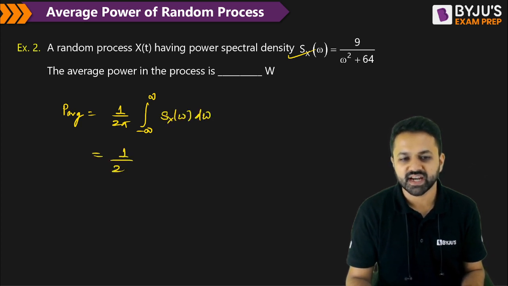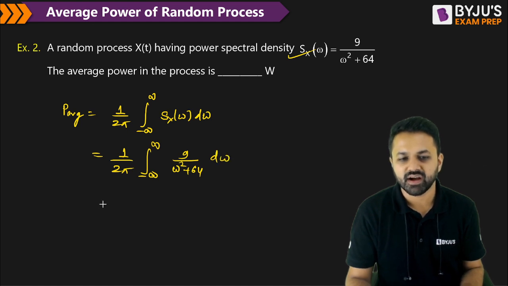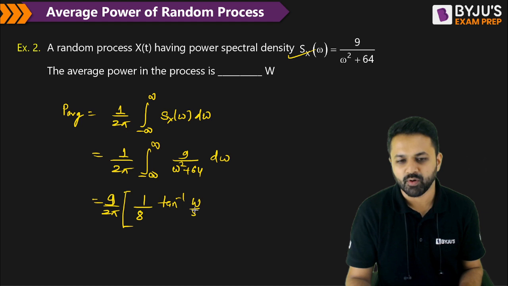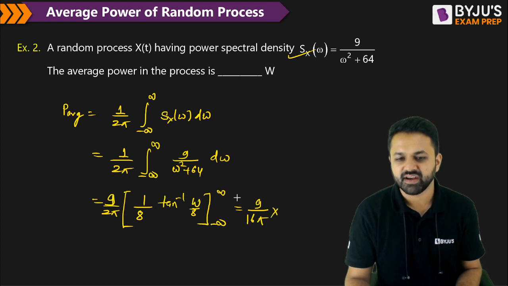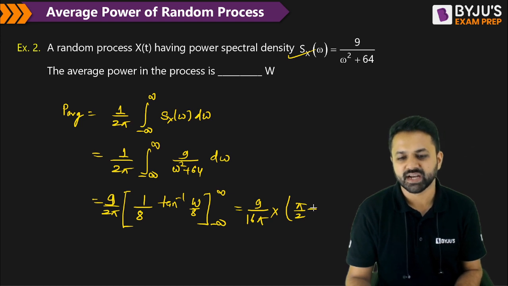So when you integrate 9 upon omega square plus 64 d omega from minus infinity to infinity, you will get 1 upon 2 pi, then 9 is common, 1 upon a which is 8, and tan inverse of omega upon 8. Putting the limits minus infinity to infinity, you get 9 upon 16 pi, and when you put infinity you get pi by 2, and when you put minus infinity you get minus pi by 2, so it becomes plus pi by 2. So the answer will be 9 upon 16.